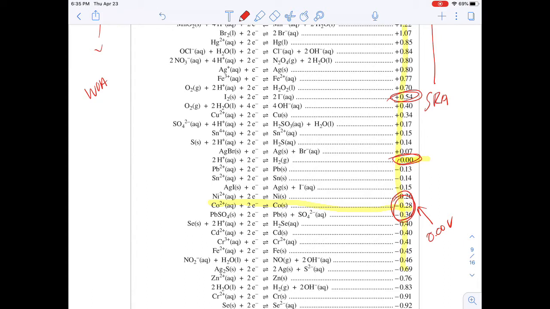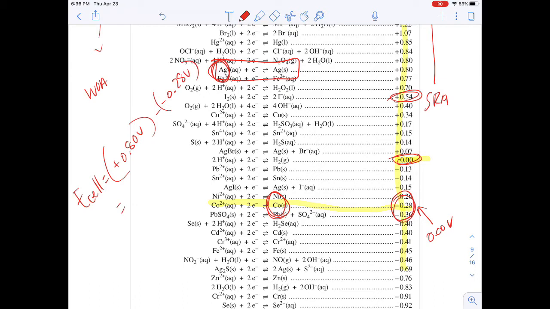But if they said, what's the new reduction potential for the silver half reaction? They're saying this is my cathode and now this is my anode, and the E cell that I would calculate for that would have positive 0.80 volts, so that's my cathode, minus my anode of minus negative 0.28 volts.